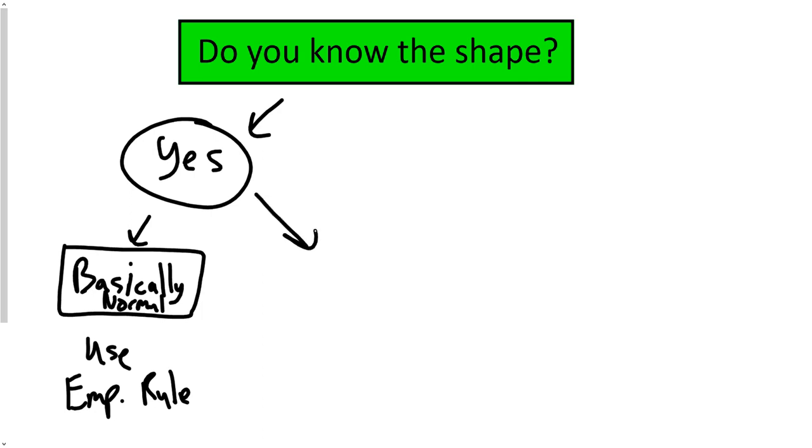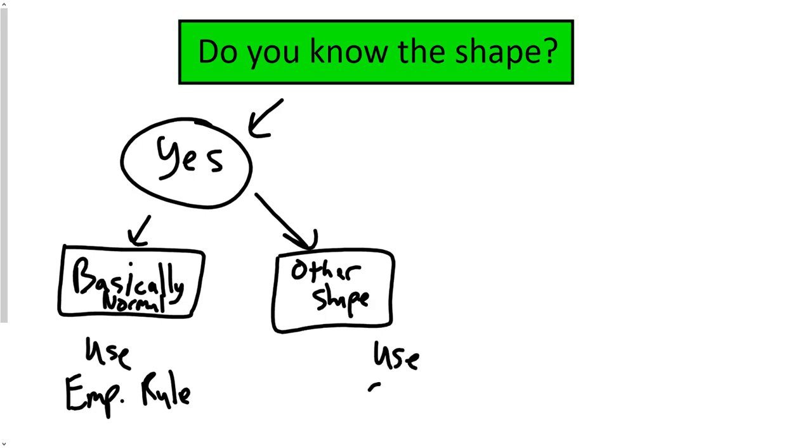If it's not basically normal, if it's any other shape, what are we going to do? Use Chebyshev's theorem. Which is the 75% within 2 standard deviations, at least 89 within 3.